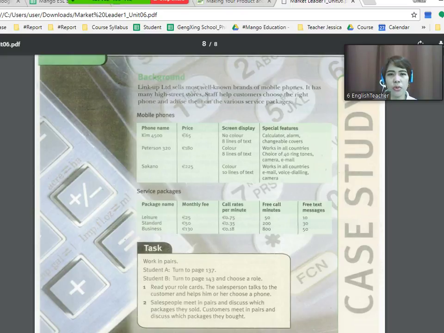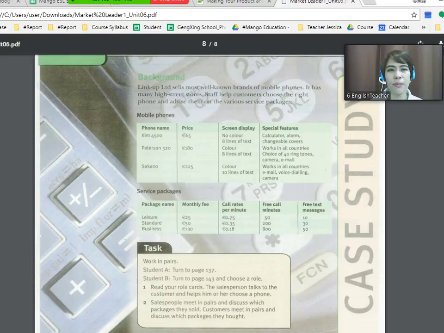Now, for the Kim 4500, we have no color, but it has 8 lines of text. For the Peterson 320, we have color and 8 lines of text. For the Sakano, we have color and 10 lines of text. Okay, for the special features, for the Kim 4500, we have the calculator, alarm, changeable covers.